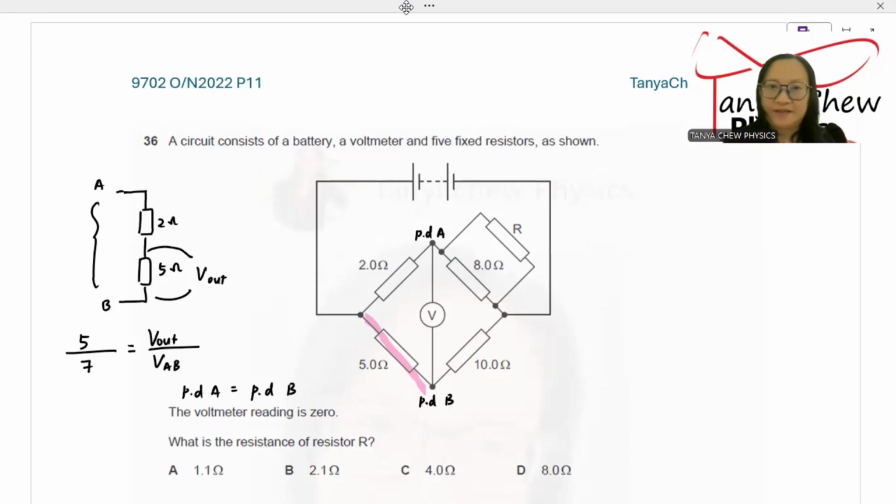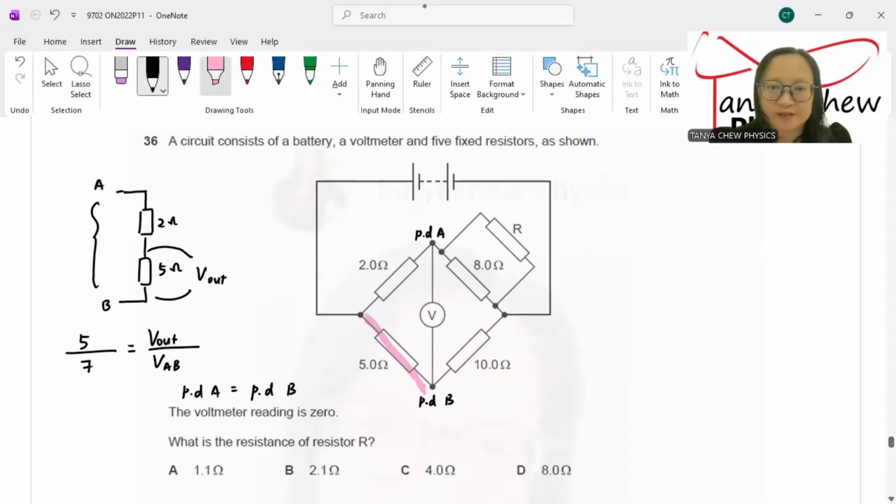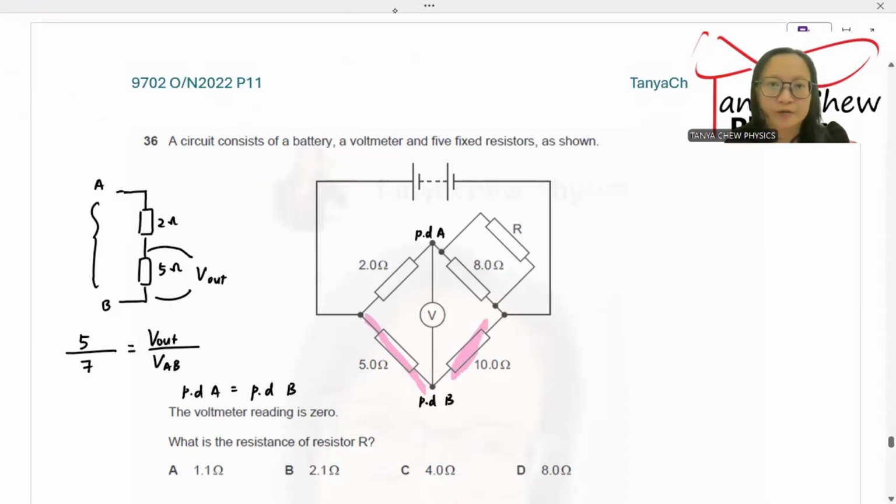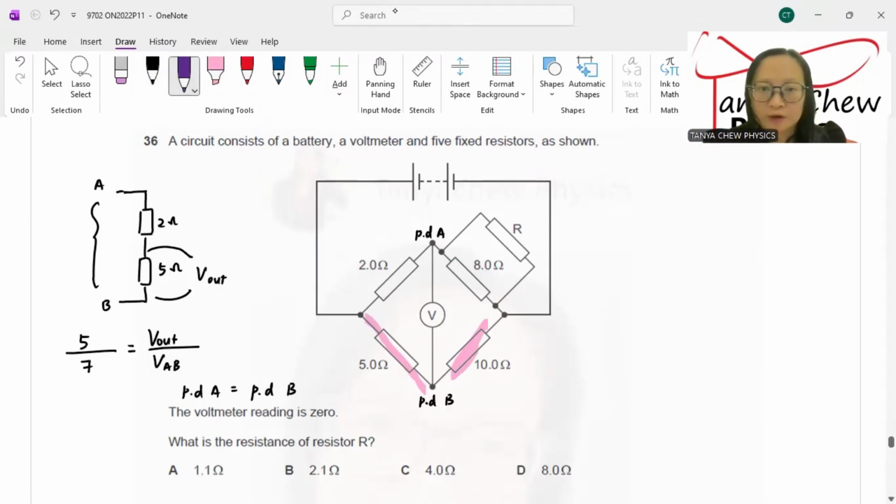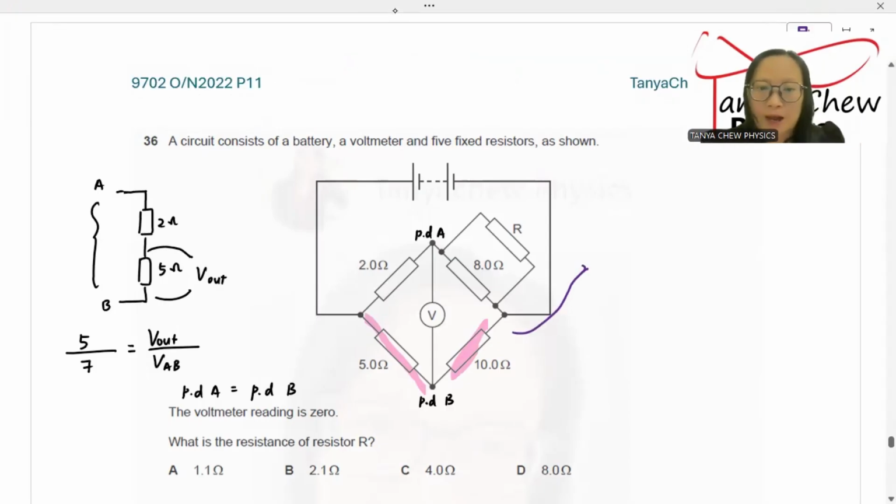Done. And then I consider this circuit and redraw the potential divider for it. I find R total, the whole thing here, and then this is my 10 ohm, this is A, this is also B, and this is V output.